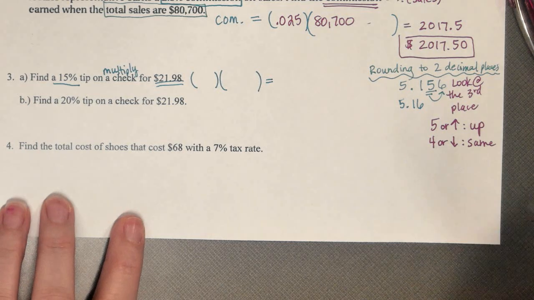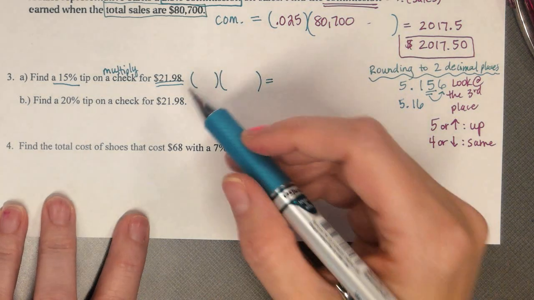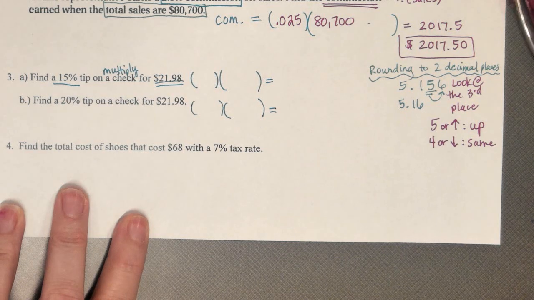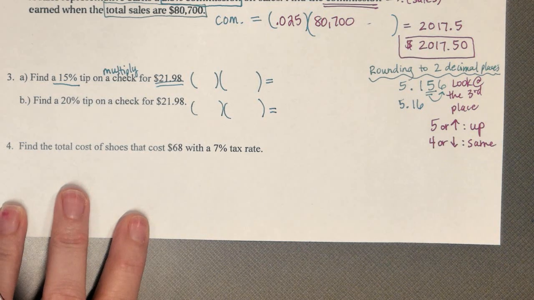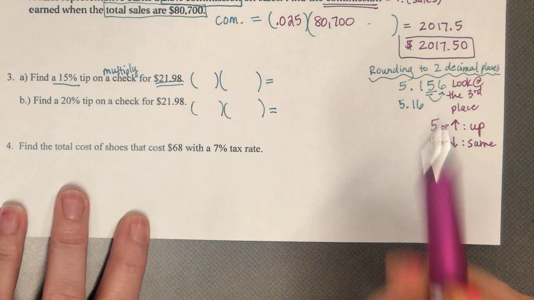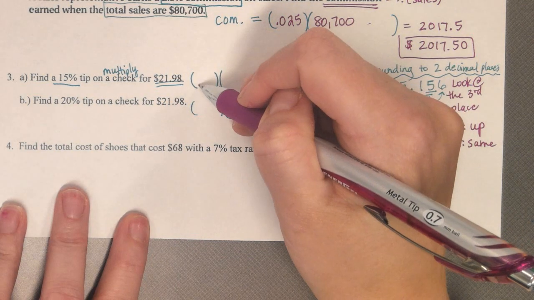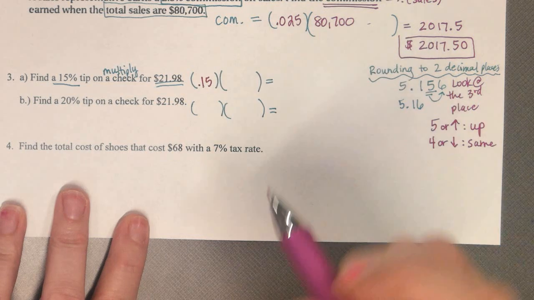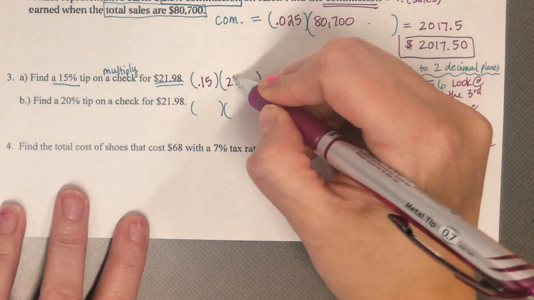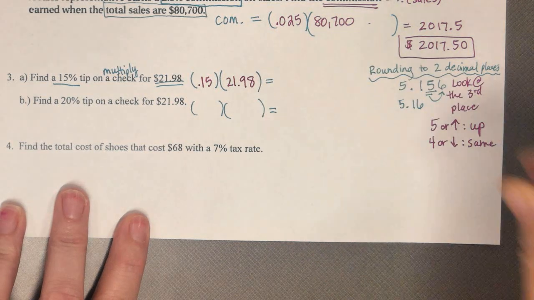And then really for B, you're going to be doing something very similar. Yep, so if it's a 15% tip, how do we write 15% as a decimal? And then all we have to do is take the total and multiply that together.